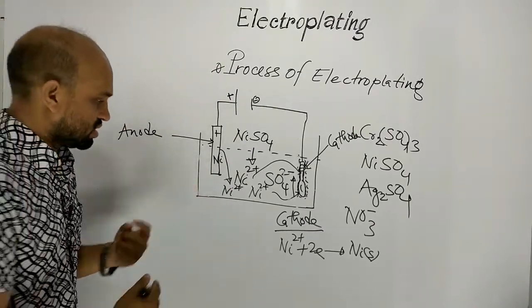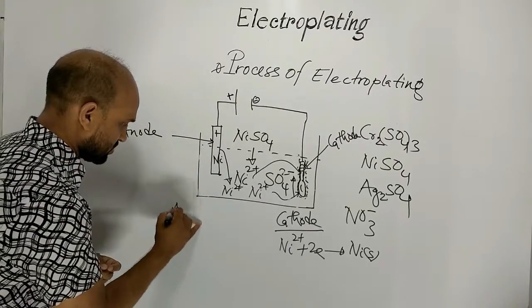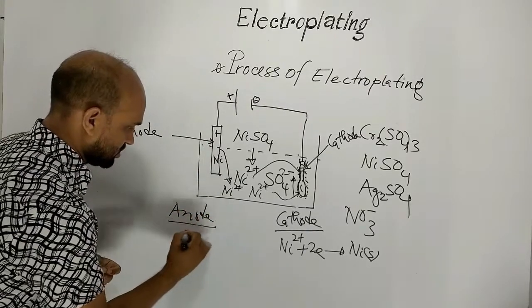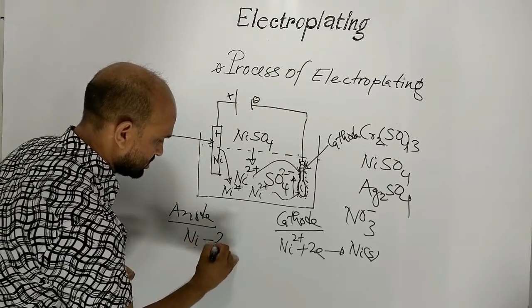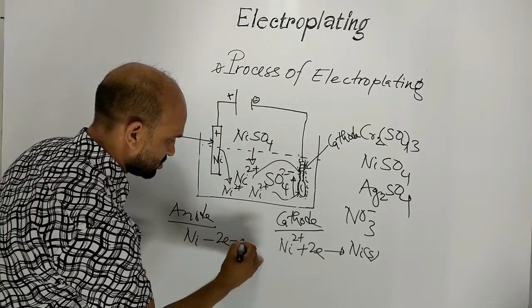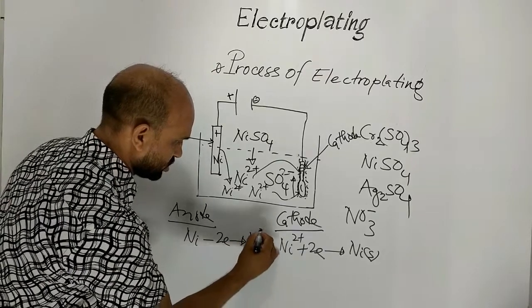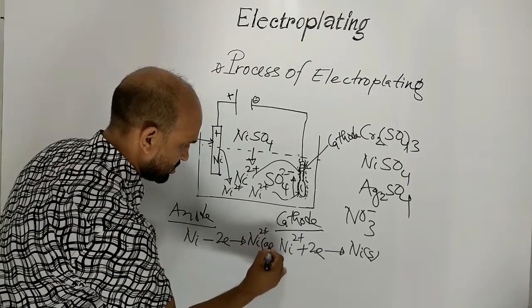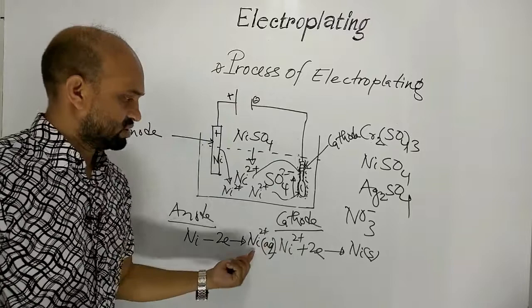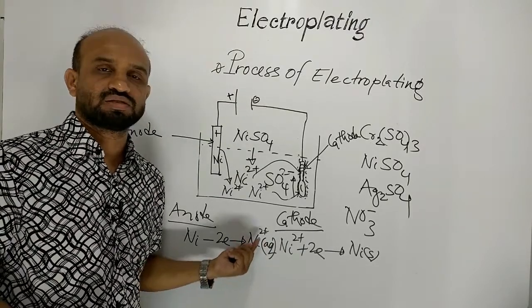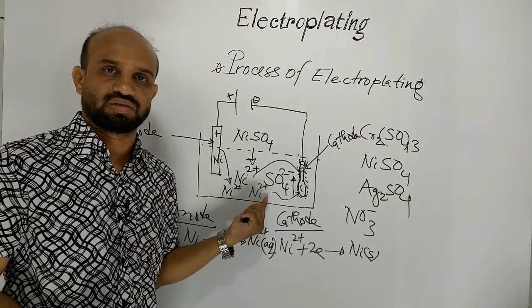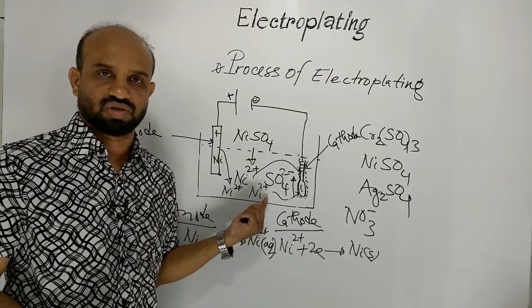Here the reaction is: nickel atom releasing 2 electrons goes to solution as aqueous nickel ion. This nickel ion neutralizes the electrical imbalance created in the solution.